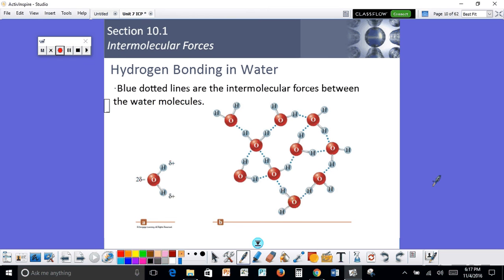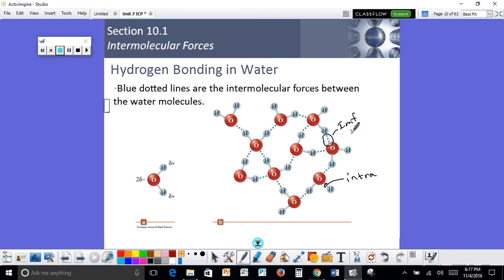What I want you to realize here is the distinction between an intramolecular bond, where this is our intramolecular bond, versus an intermolecular force. This is the actual bond between oxygen and hydrogen. And then these little dots right here are the IMF.